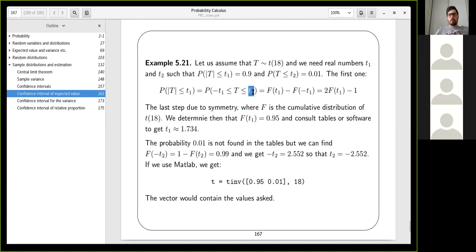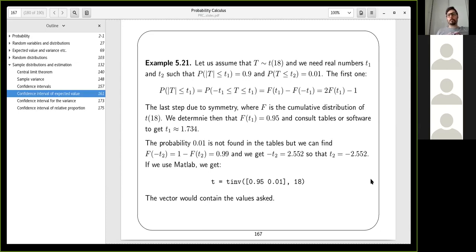So there's 5% above T1 and 5% below minus T1. That's why we have 0.95. So, sorry, yeah, 5% each, there's a total of 10%. We can calculate these values. MATLAB has tinv, and it takes a parameter of the actual degrees of freedom.